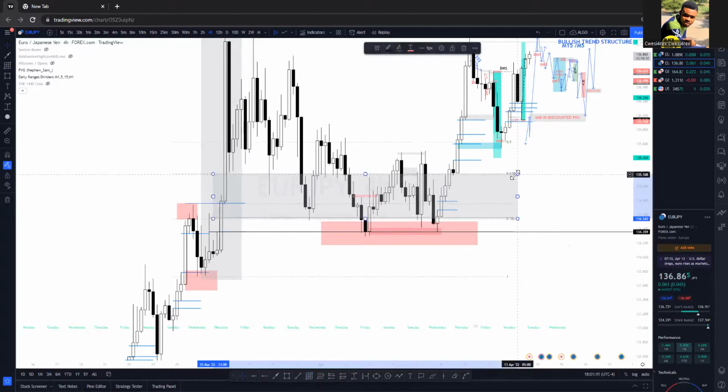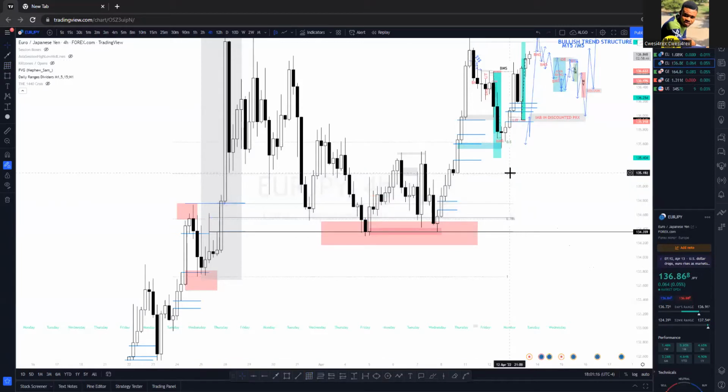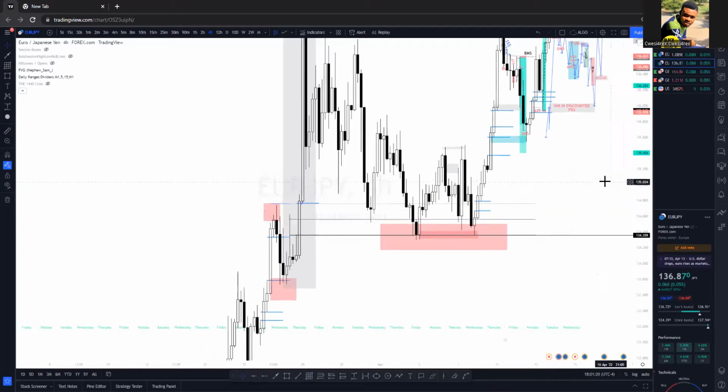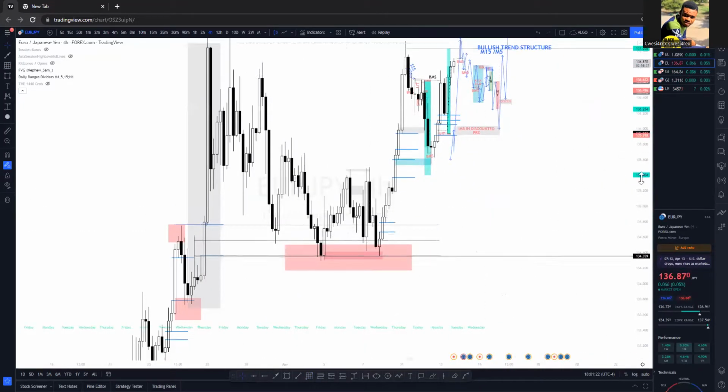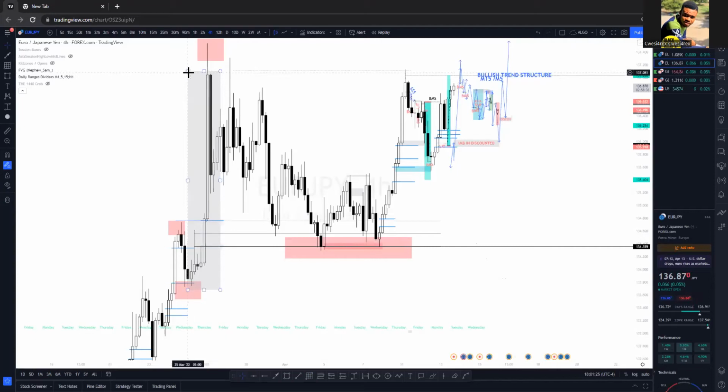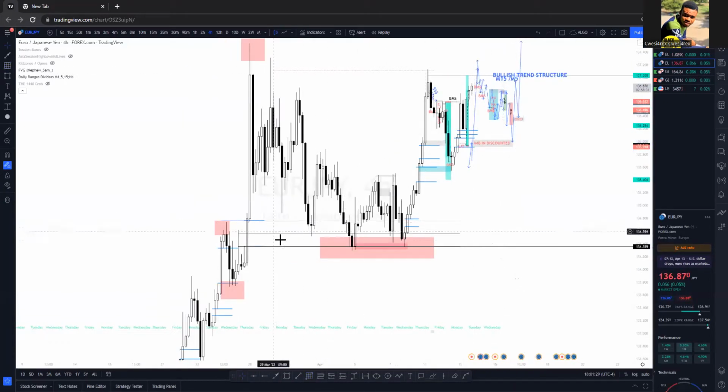Now, since you have identified your point of interest, you can take out your Fibonacci and your discounted markup, right? You just have to keep it clean. So right now, this is where you are going to focus. This over here. Okay, good.